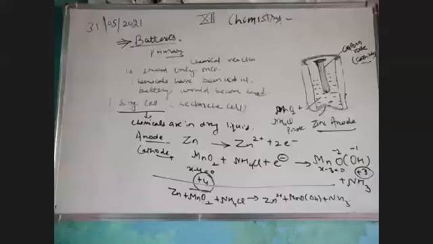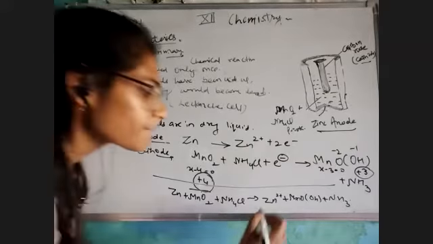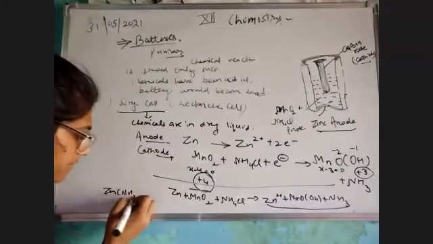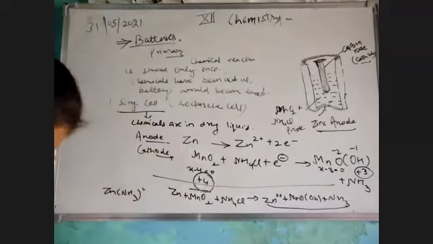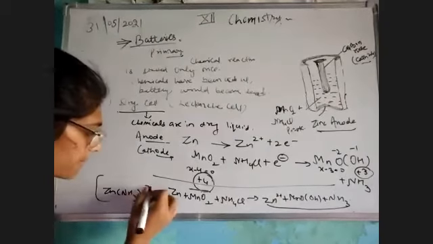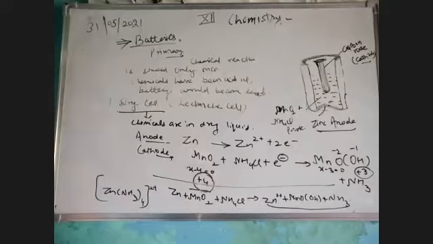The zinc 2+ and the ammonia combine to make a complex, that is zinc ammonium. So in this case, the reaction has been completed.